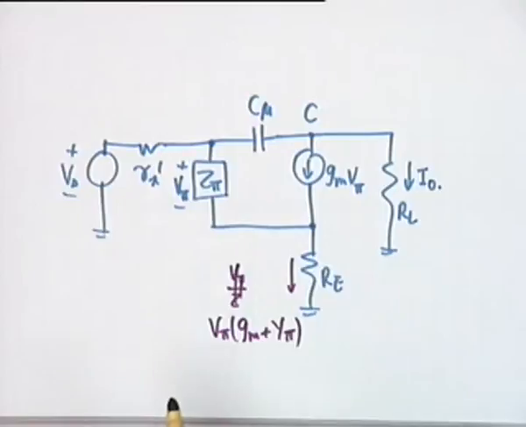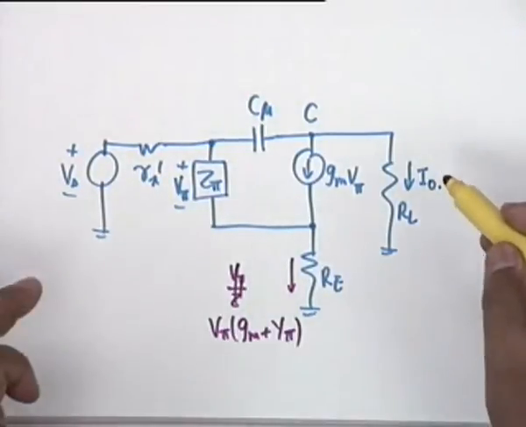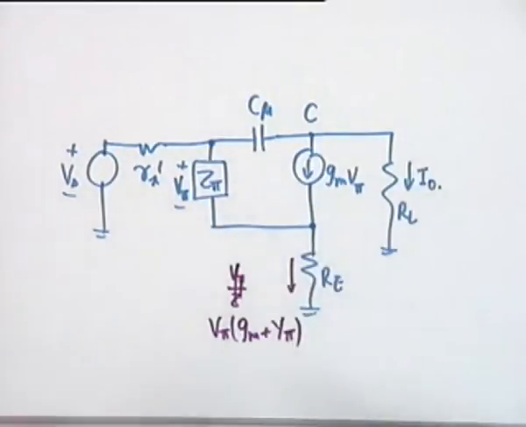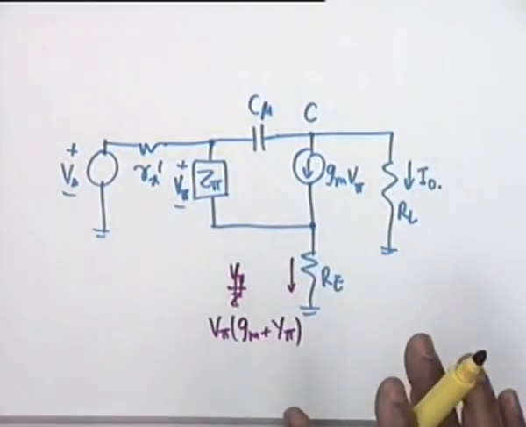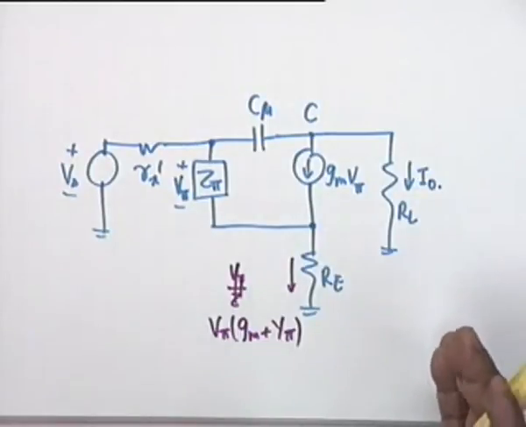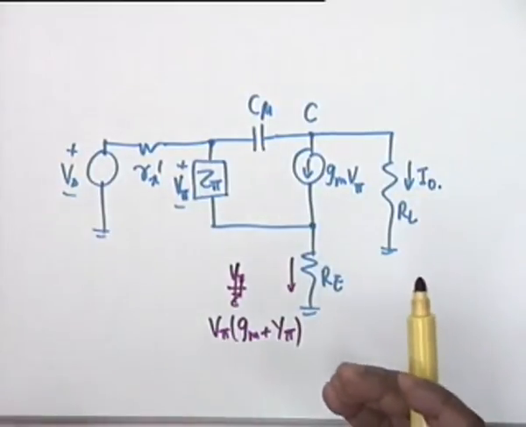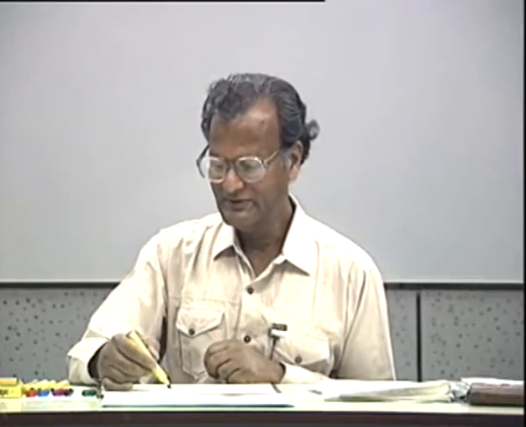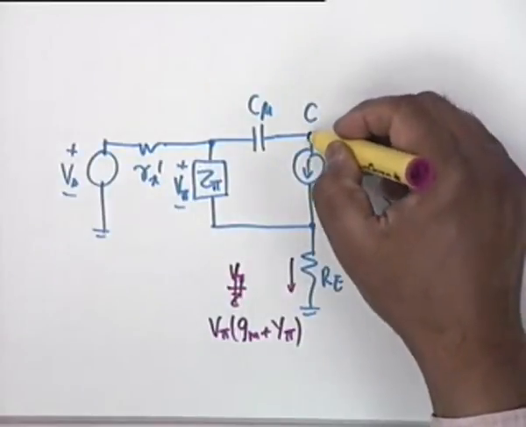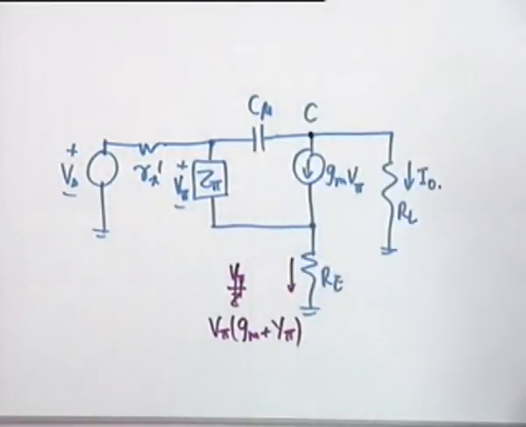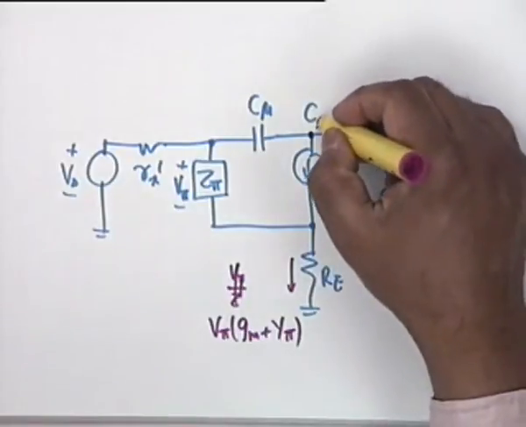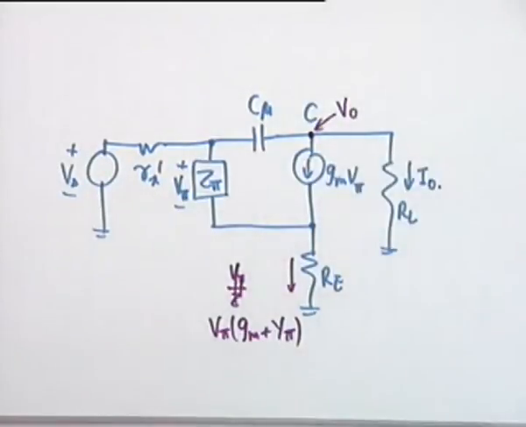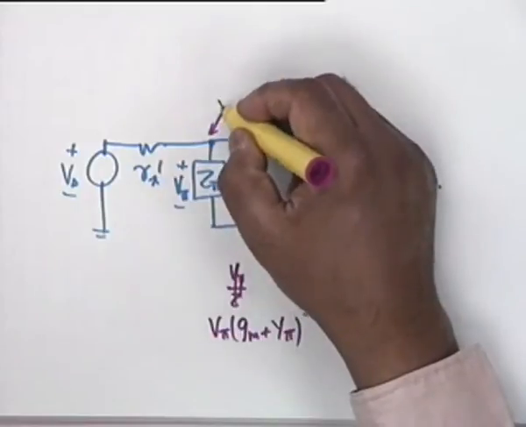And therefore, I have to find a relation between I0 and Vs. I will not carry out the analysis, but let us see how to look at it critically and find the shortest path. Obviously, if I know V0, then I know I0. There are two nodes for which the voltages are unknown. Let us call this voltage V0, and suppose this voltage is V1.